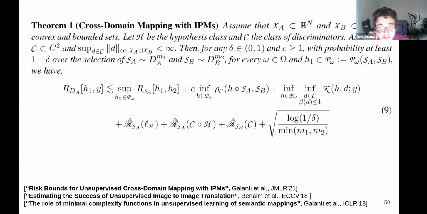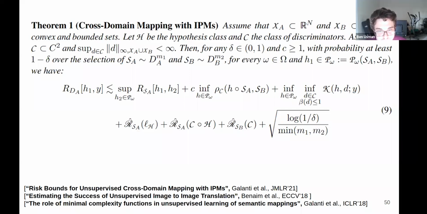The theorem states that the error between the predicted solution h1 and the ground truth translation function y is bounded by the maximal distance between near optimal solutions h1 and h2, as we discussed before, the minimal possible empirical statistical distance between transformed A and B, up to a multiplicative term C, the cryptic term K that we will discuss in more detail in a moment, Rademacher complexities of function classes involved that I'm also going to introduce in more detail in a few slides, and the sample complexity term.